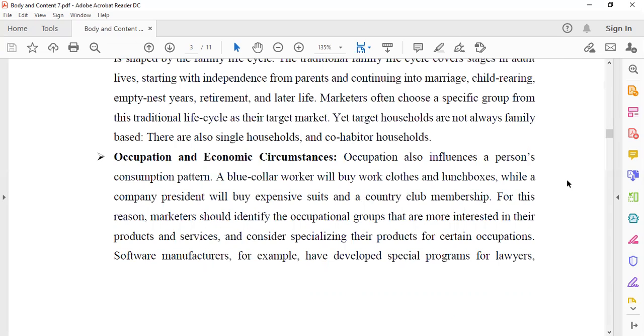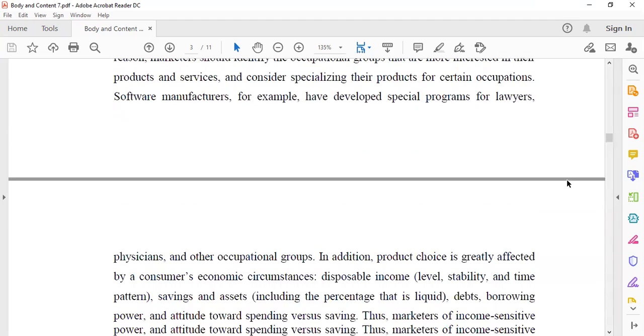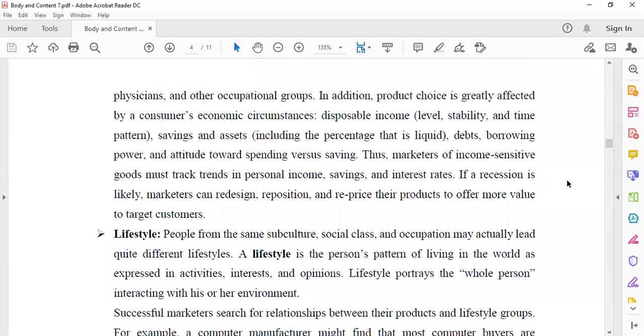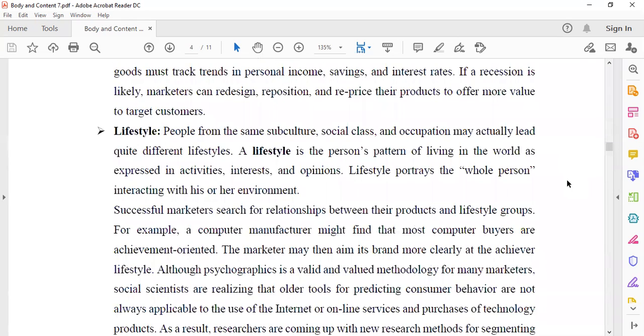But a corporate worker who finds that as his dress code will always buy that. And so it's important that marketers try to understand an individual or the consumer so that products that meet his requirements can be targeted to him. Also is an individual's lifestyle.